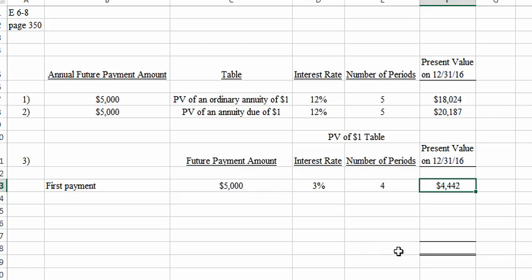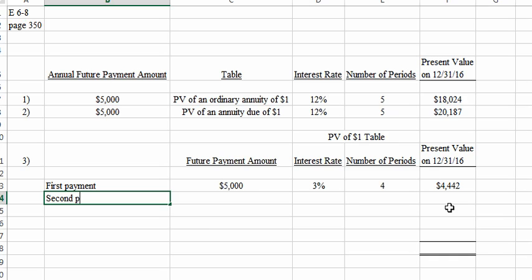So that 5,000 to be received 1 year from now, assuming interest is compounded quarterly at 3% per quarter, that's only worth $4,442 today.